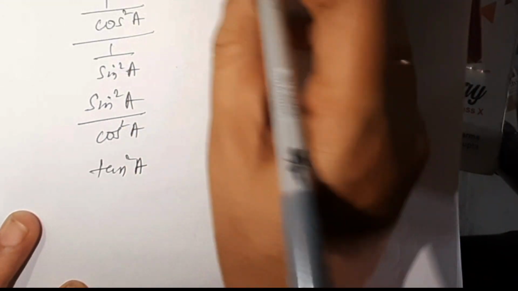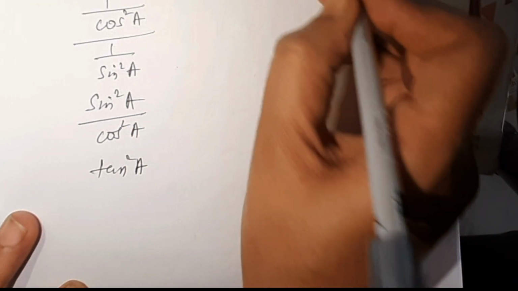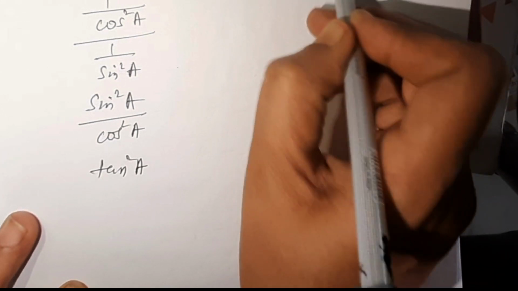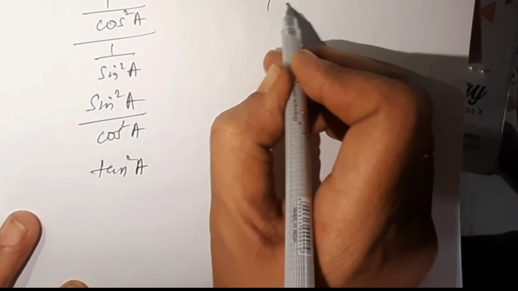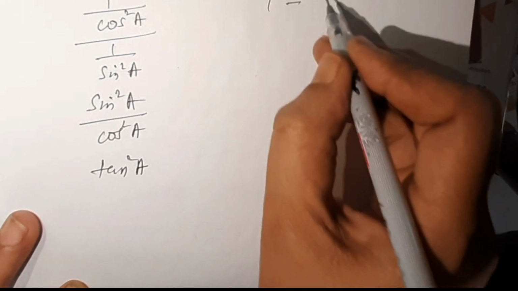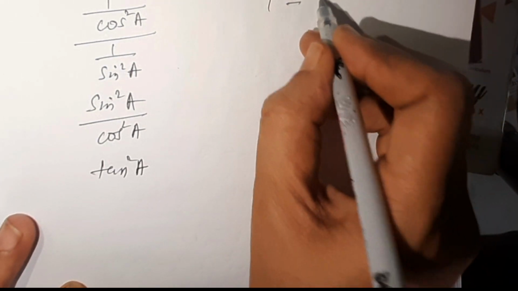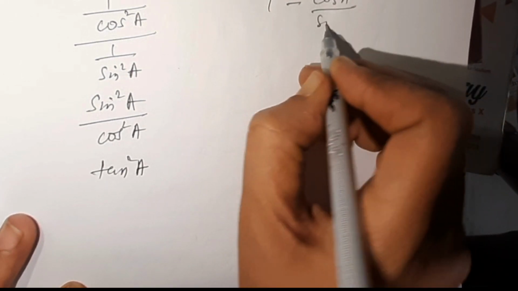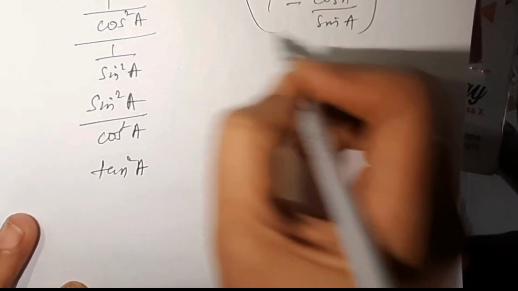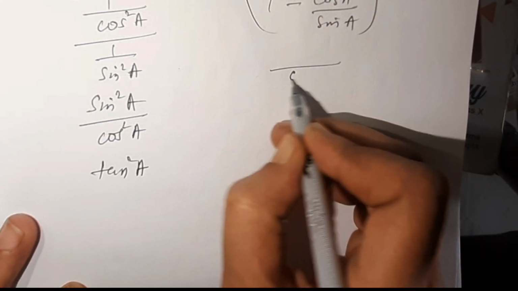Now let's start out with the second term, that is 1 minus tan A. Tan can be replaced by sin upon cos, and the same way here cot A is there, which can be replaced as cos upon sin. Whole term is in square form. Now get LCM for this.